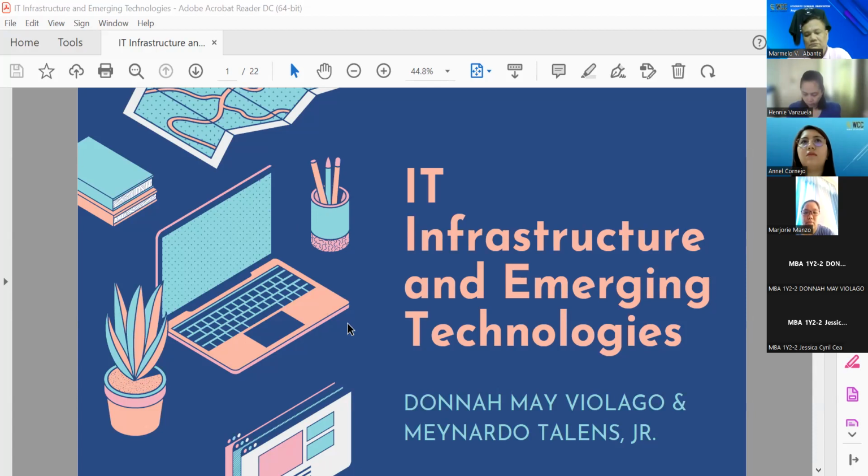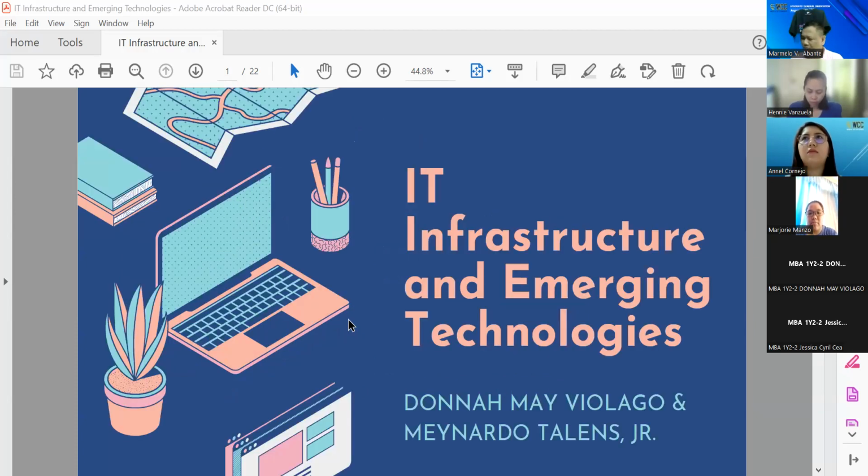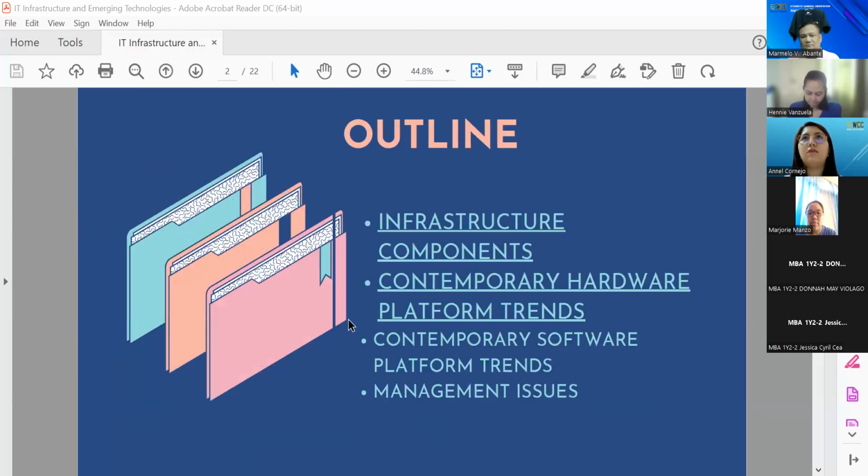Donna May Villago and Sir Minardo Talens Jr. will talk about these two subjects. We would be talking about the infrastructure components in detail, the contemporary hardware platform trends, and contemporary software platform trends and management issues by Sir Minard Talens.